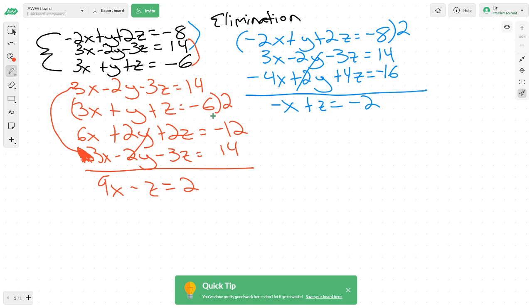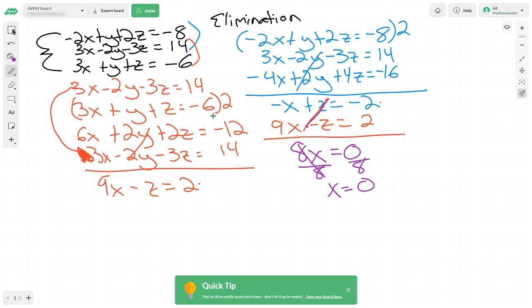Alright, now I'm going to put these two equations next to each other and see if I can eliminate another variable here. And I have a plus z and a minus z, so these will cancel. I get 8x equals 0.